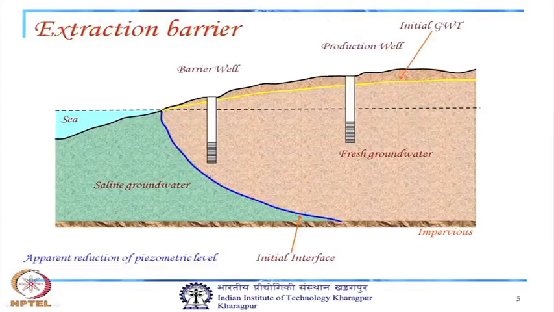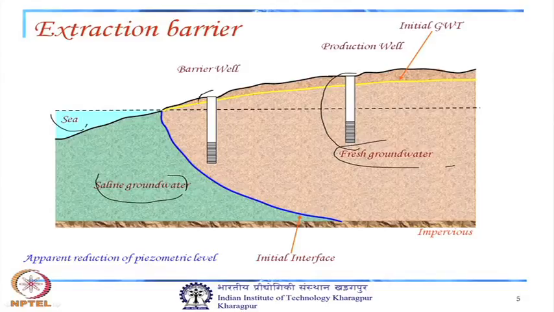Next is extraction barrier. Let us say that we have a sea here, then saline groundwater, this is our fresh water and this is our production well. And this is another barrier well which is near to the coast, and this is our initial groundwater table.